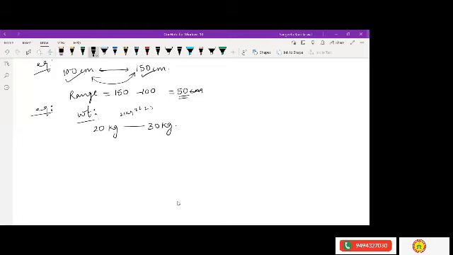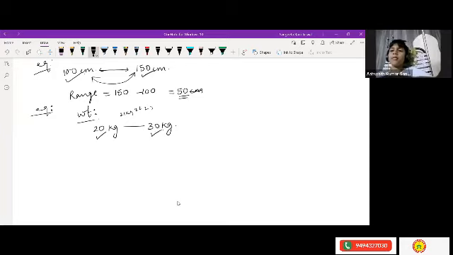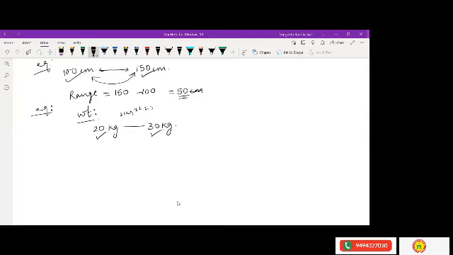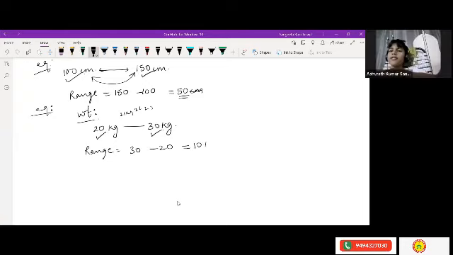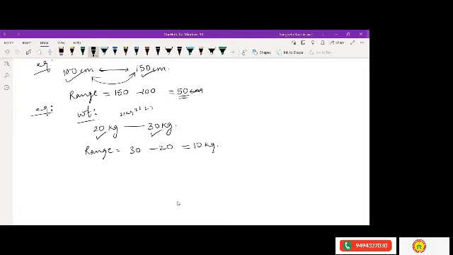So, which is the higher limit I have given you? 30 kgs. Lower limit I have given you is 20 kgs. So what is your range in this? Your range will be 30 minus 20, so that means 10. So a range is not in kg actually, it is a range. The difference is 10 here.